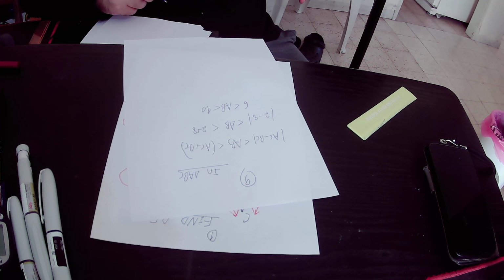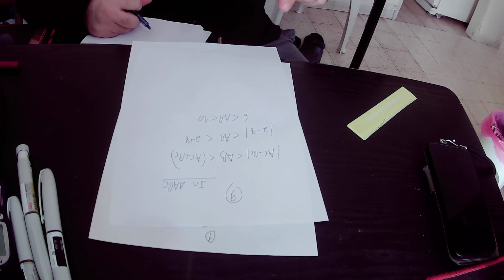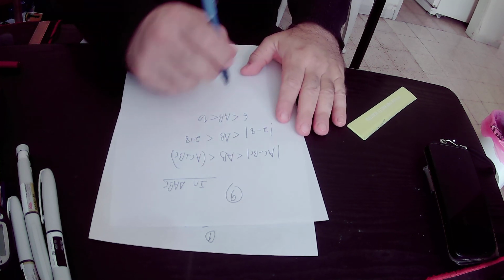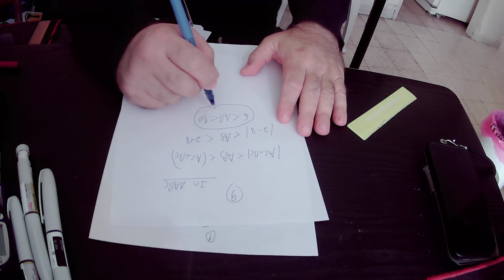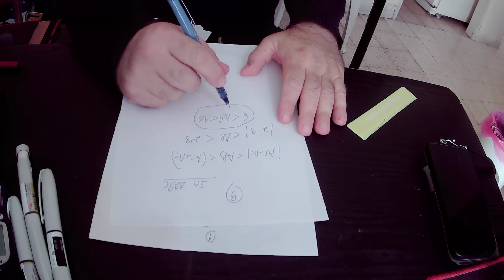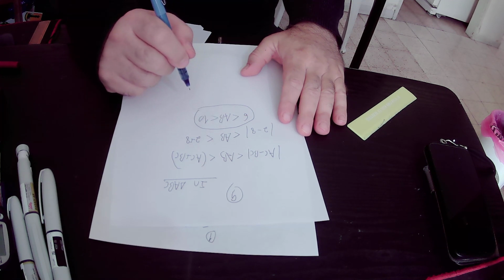The distance of minus 6 from 0 is 6 units. So we found that AB is greater than 6 and less than 10.